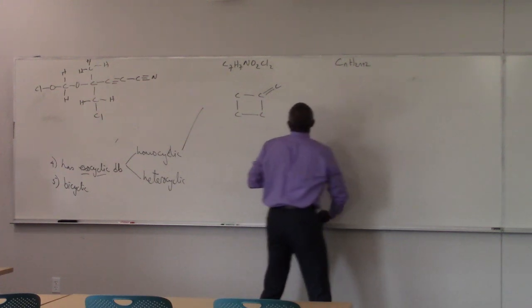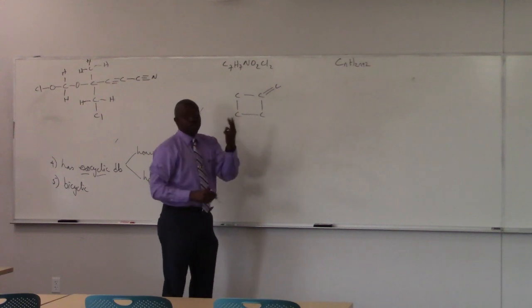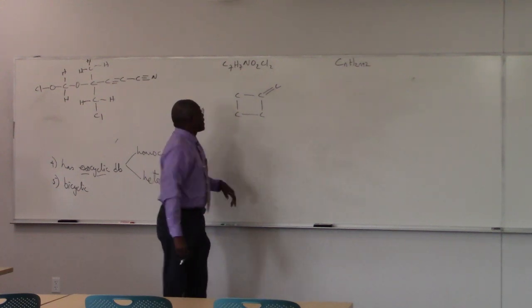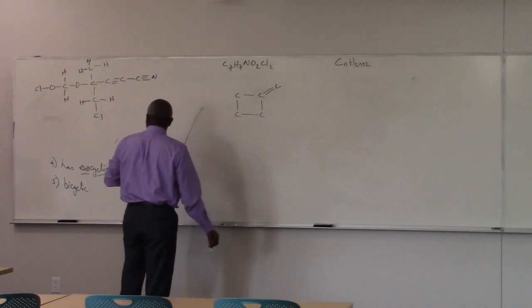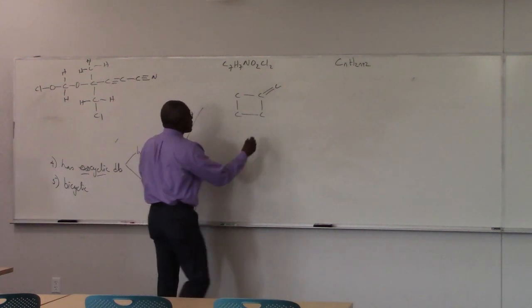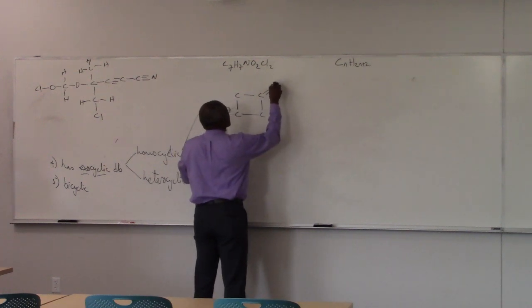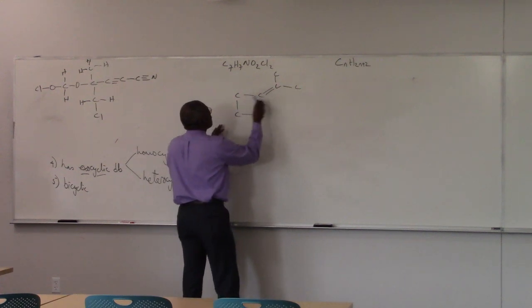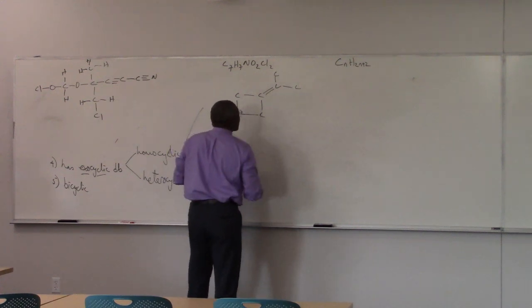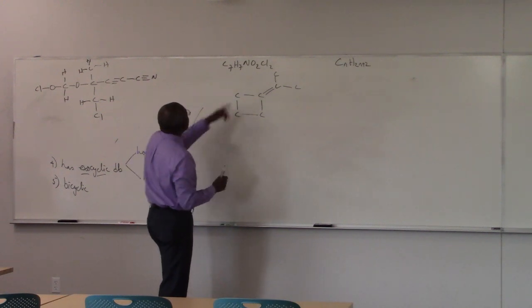So I have 5 carbons, and I've exhausted 2 of my HDIs. I've got 2 HDIs left, and so I'm going to put a carbon here, another carbon here, so that's 5, 6, 7. I need an N and 2 O's.